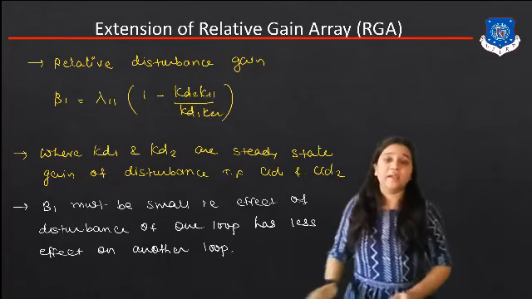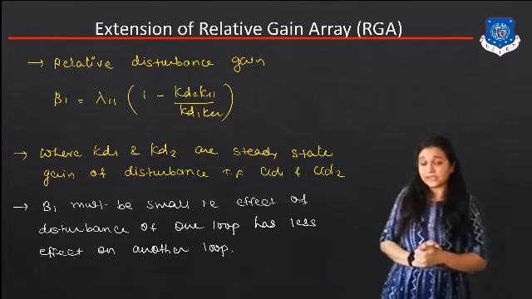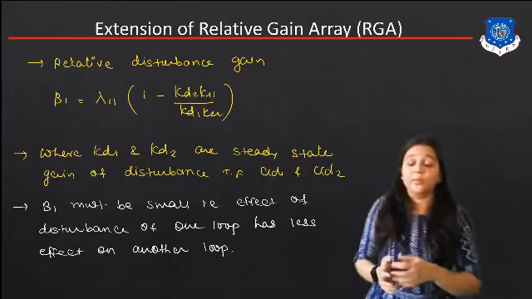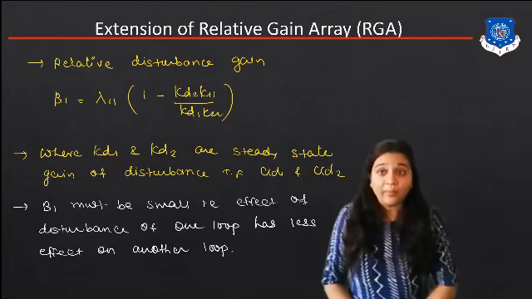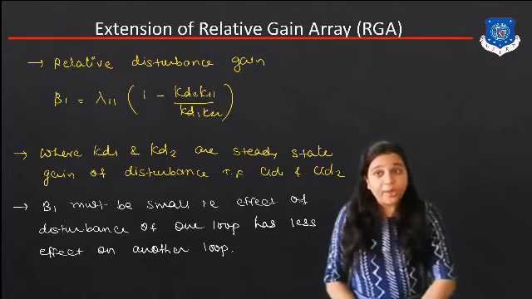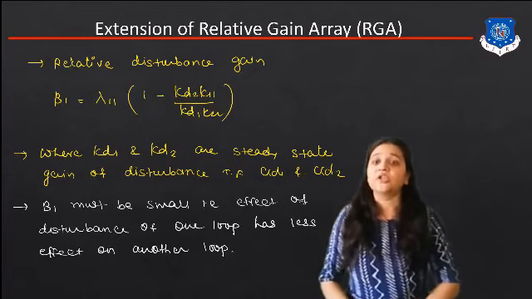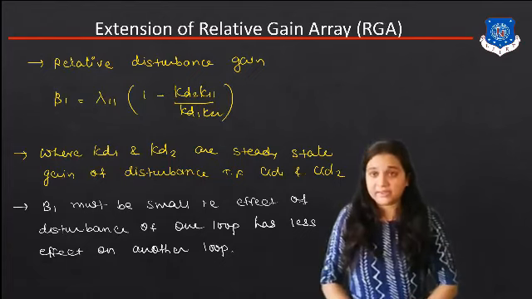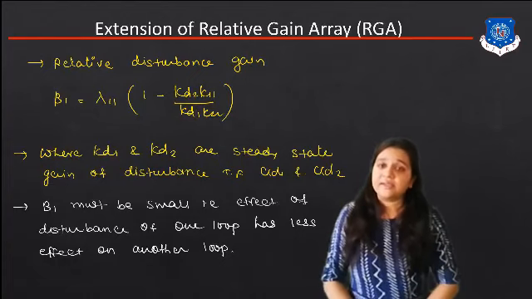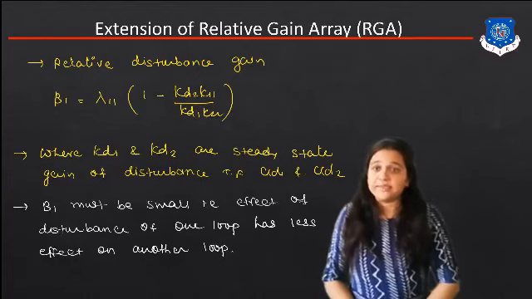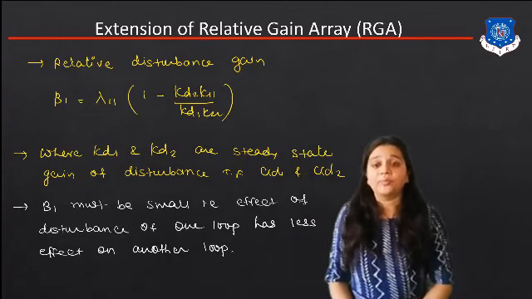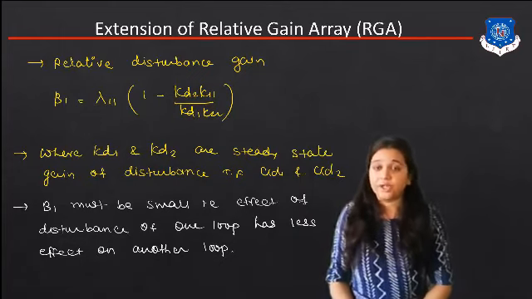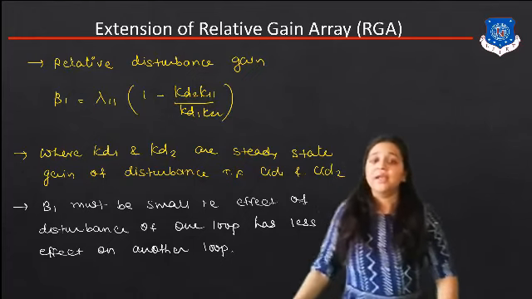Here you can see that using the RGA, we have to find the best pairing for this multi-loop system. But if there is a problem using the RGA, we can use the extension of the RGA, and the equation for the extension of RGA is V1, where we have to use the steady state gains of the disturbance transfer functions GD1 and GD2.